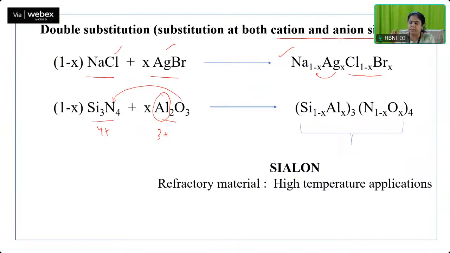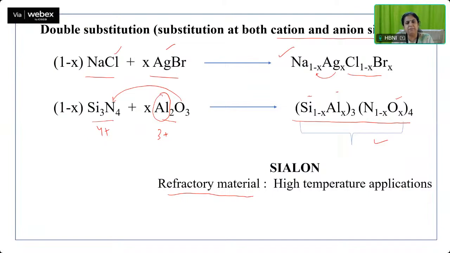So the charge balance is taken care of and we get 100% solid solution of this formula. X aluminium goes in, silicon left is 1 minus X. For every aluminium that goes in, a corresponding oxygen also goes inside the lattice, and this is a nominal formula. These kinds of compounds are in short called sialons, and they're very important refractory materials.